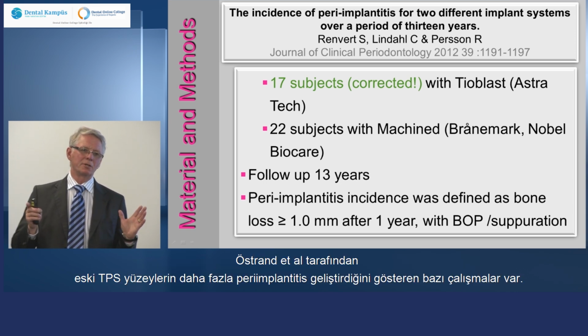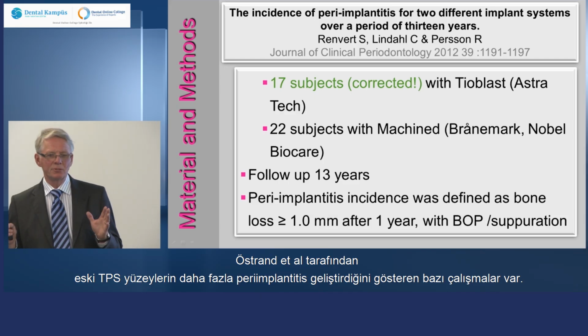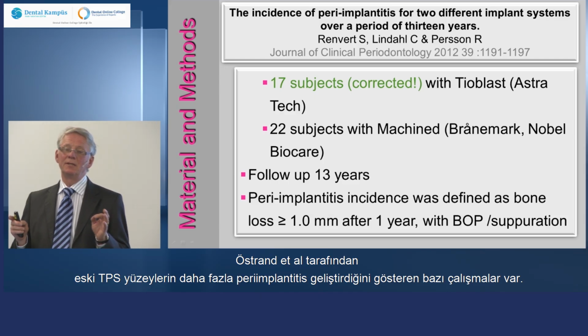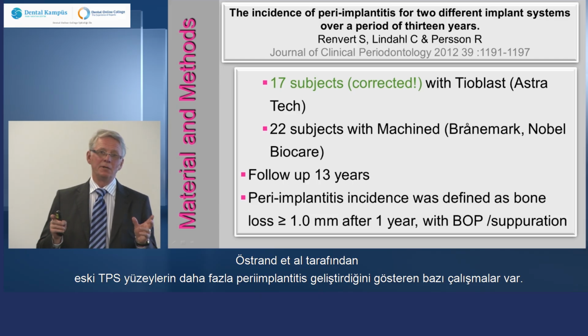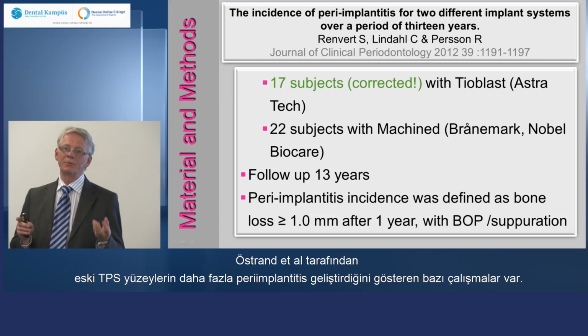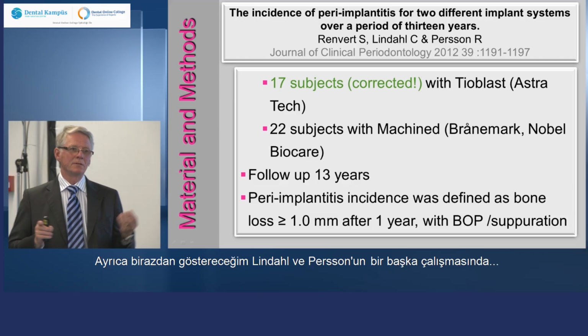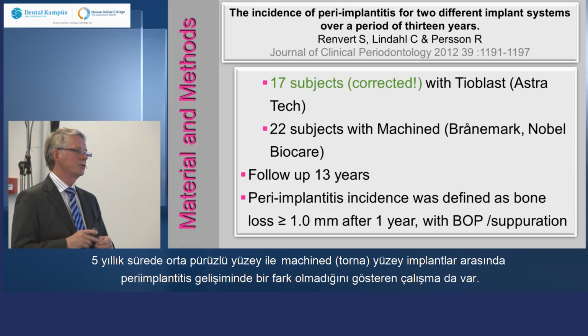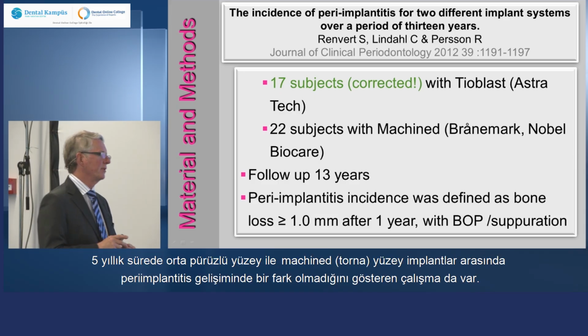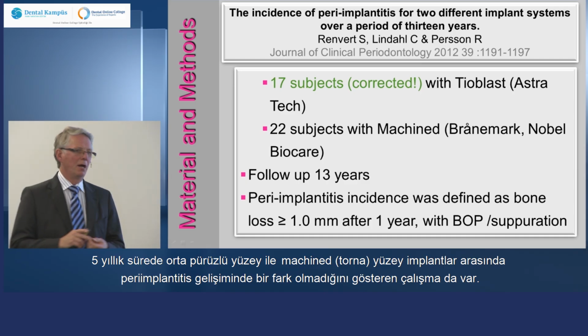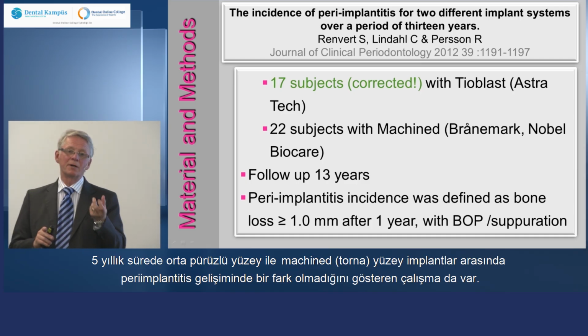There were a few studies by Ostrand et al. demonstrating that the old TPS surface did develop more periimplantitis than other surfaces. And there is also one study by Zetterqvist et al. showing that there were no difference over 5 years looking at a medium rough surface and a machine surface in the development of periimplantitis.